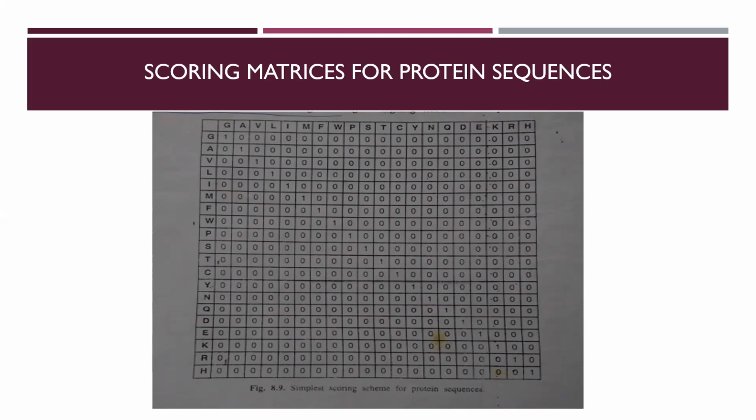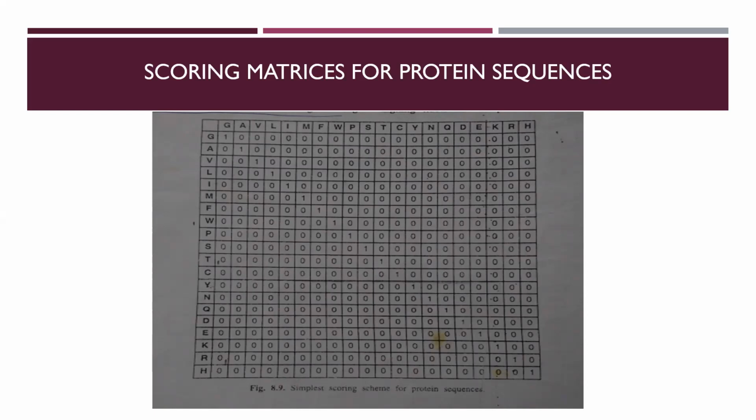Here it looks at the number of mutations necessary for changing one amino acid into another amino acid. Based on the number of mutations required, the closeness is decided, and accordingly the scores are given.